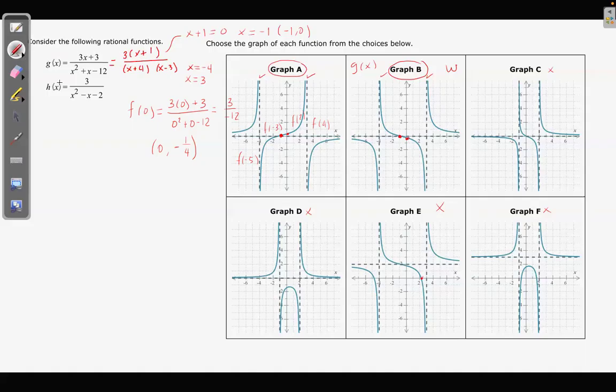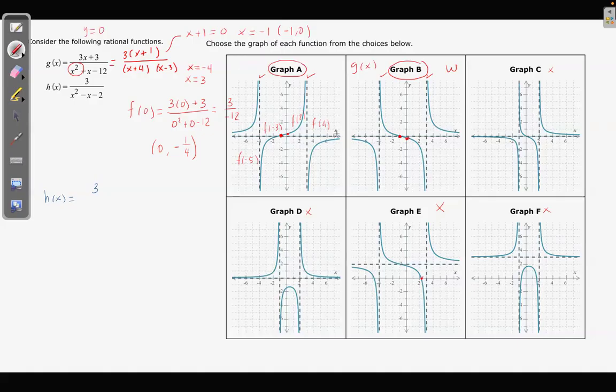Now let's move on to h of x. I'm going to rewrite h of x as 3 divided by, but one quick observation on that g of x. I did not find the horizontal asymptote. The degree, the winner is x squared. So that means that the horizontal asymptote should be at y equals 0.